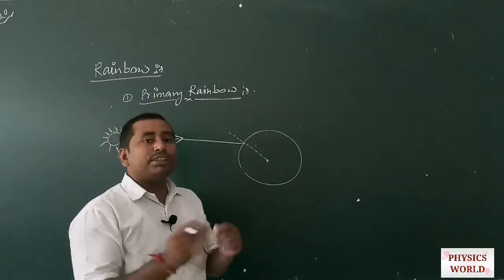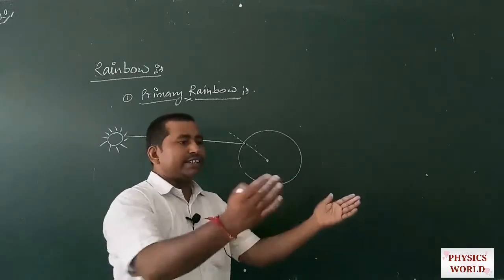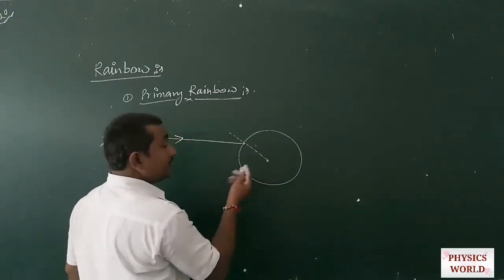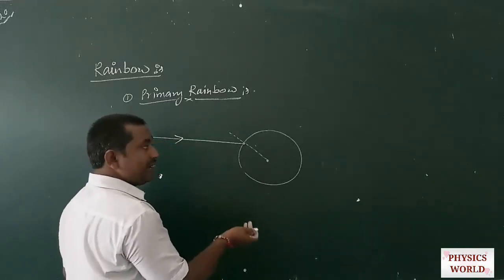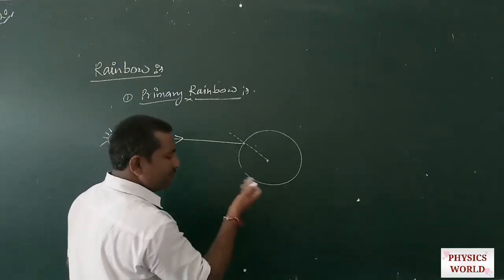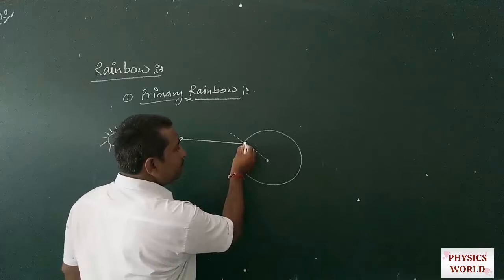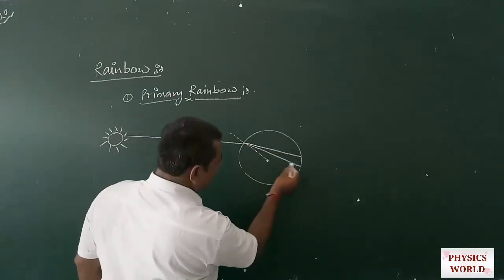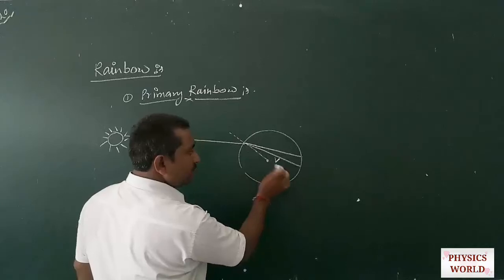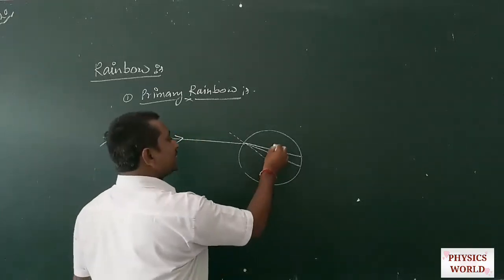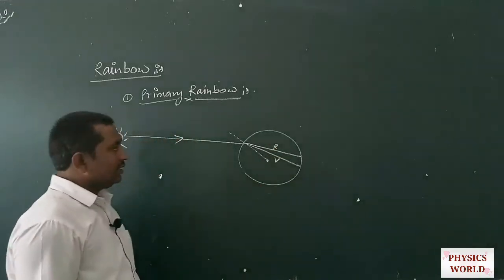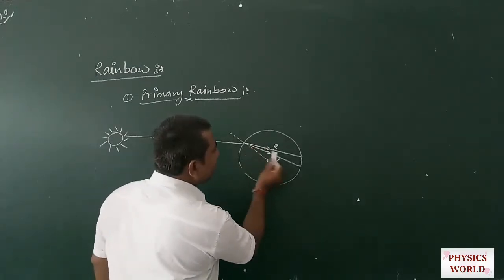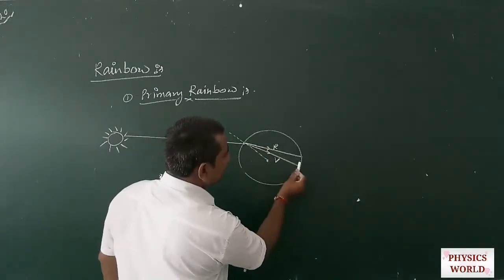For simplicity, if we take the two boundary colors, violet and red, then we know that the wavelength of the red color light is very large, so the change in the angle of deviation for red color will be very small, while the angle of deviation for violet color will be larger. So this one becomes the violet color and this one is for the red color. These two are the refracted light rays, and all the 5 other color light rays lie between these.